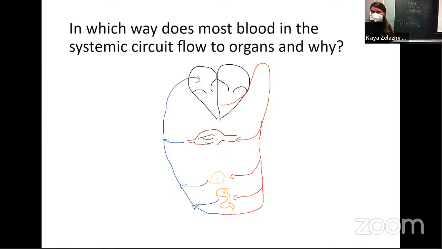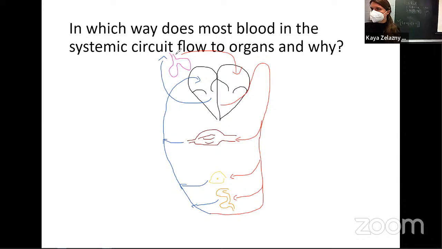And we contrast this with the overall cardiovascular system, in which case we would add on our pulmonary circuit, right? It should look like this, going to the lungs, and then coming back. So here we draw some nice lungs.